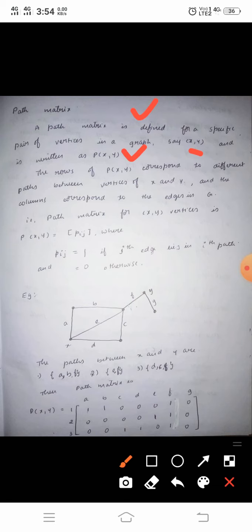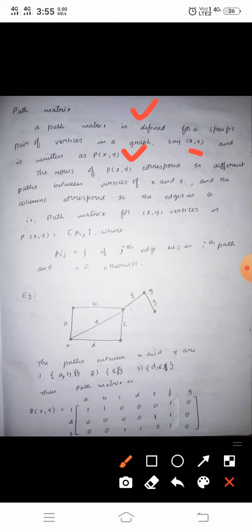The rows of P of x, y correspond to the different paths between vertices x and y. We know that there is more than one path between a pair of vertices, so each row defines a different path: first path, second path, third path, fourth path. However many paths we have, that many rows we'll get.